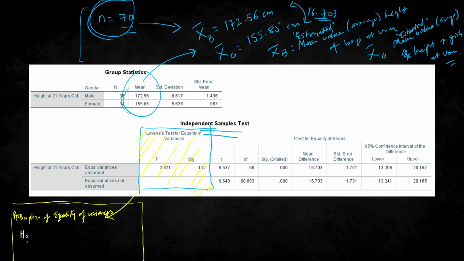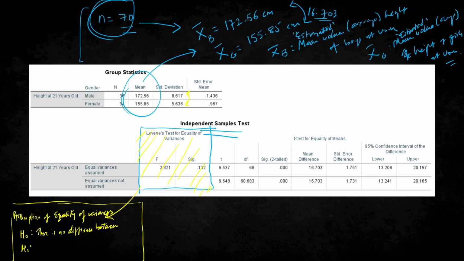So for this assumption test, our H naught is that there is no difference between variances. What we're referring to here is the variance, though we can look at the standard deviation here. The variance being the standard deviation squared.